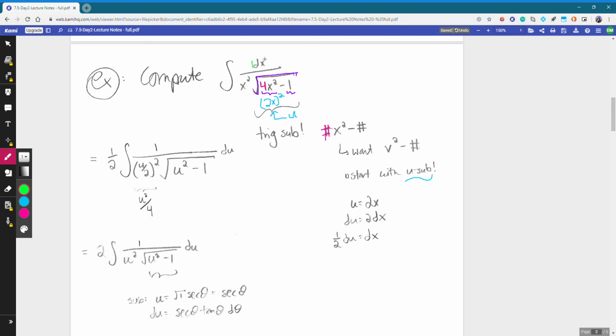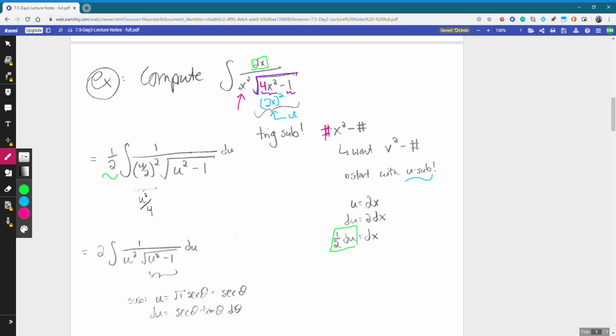Our dx up top becomes the 1/2 du, and here I've taken that 1/2 and just pulled it out front. Inside the square root, right, the 2x is going to become u, and we'll get u squared minus 1. And we just have to be a little bit careful doing the sub for the x here, right?